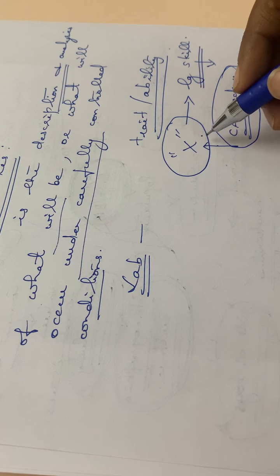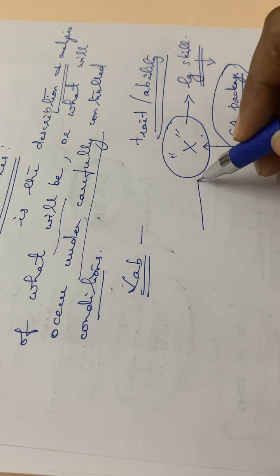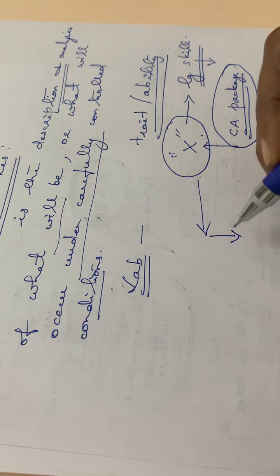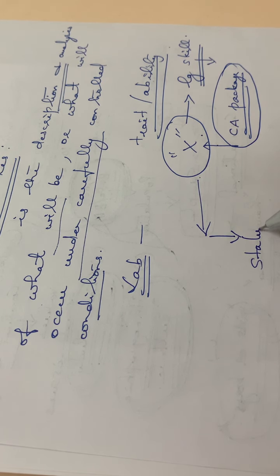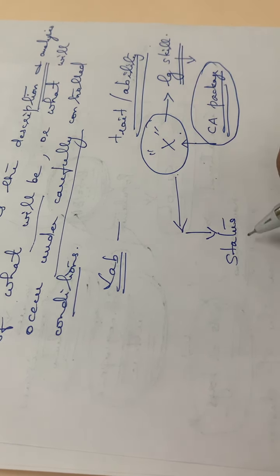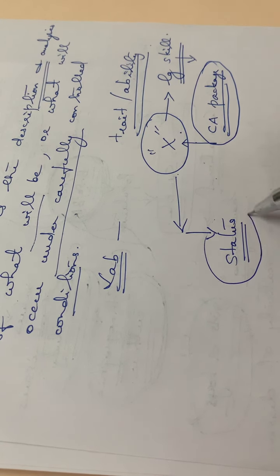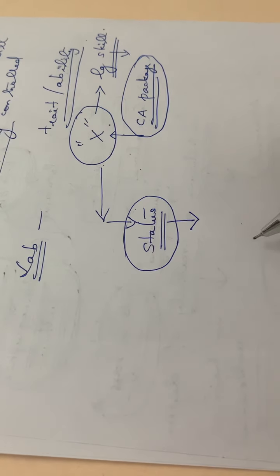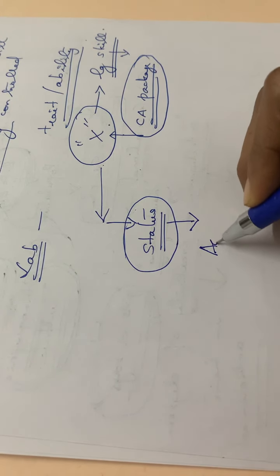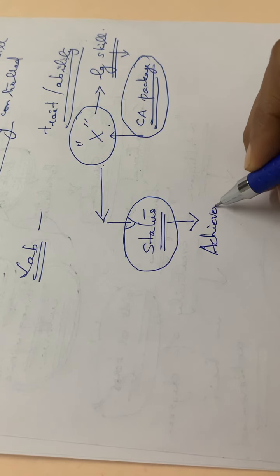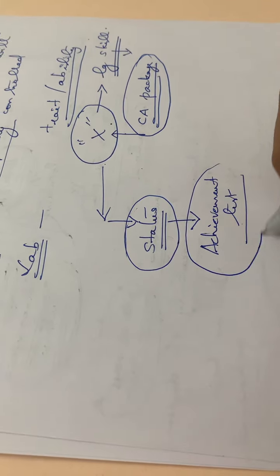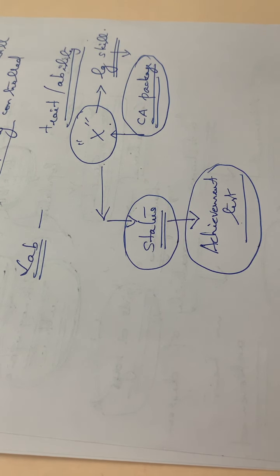So for that I want to know the previous knowledge, the status of that student before the experiment, the learning skill before the experiment. Then for that I will give an achievement test, an objective type test, so that I can know the previous knowledge or the entry level of that student.